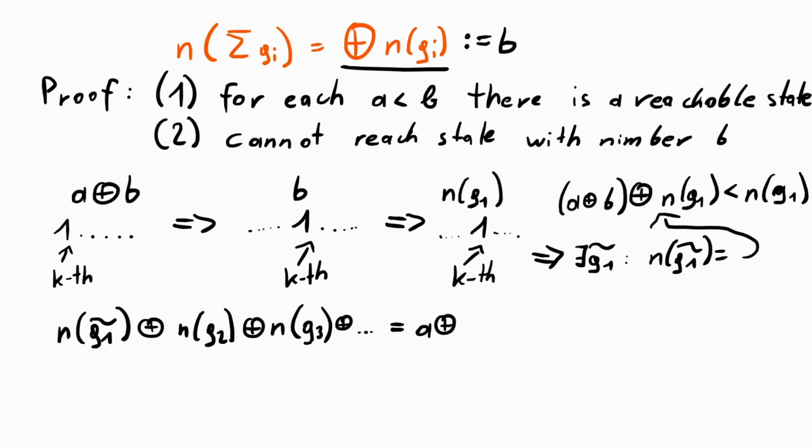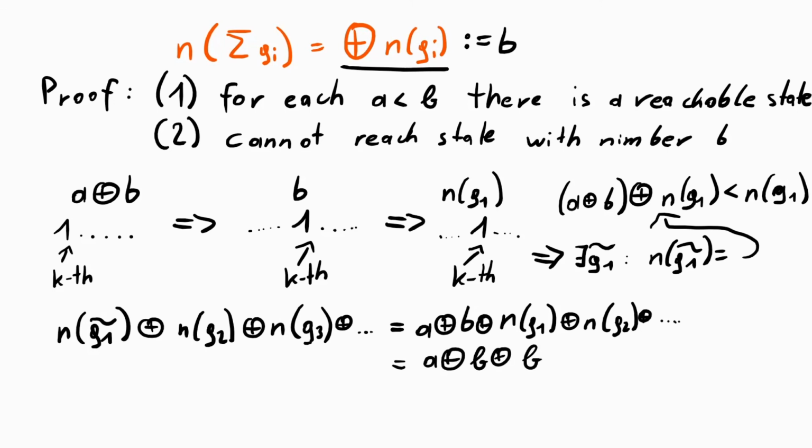If we use the definition of the number of G1 tilde, then we get a XOR b XOR the number of G1 XOR the number of G2 XOR dots, and this is just a XOR b XOR b, because the XOR of all numbers is b, and b XOR b is 0, so in total we get a.